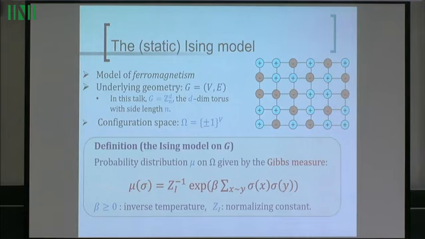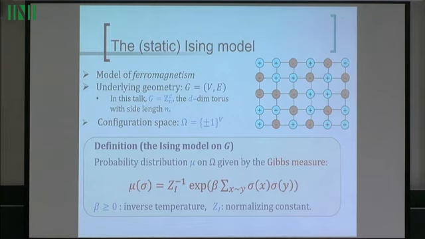This exponent represents the minus of the Hamiltonian, and to obtain this quantity, we first multiply the endpoint spins of an edge and then sum this over all edges. Beta denotes the inverse temperature, and we will work in the ferromagnetic case of non-negative beta, and Z is the normalizing constant, aka the partition function.